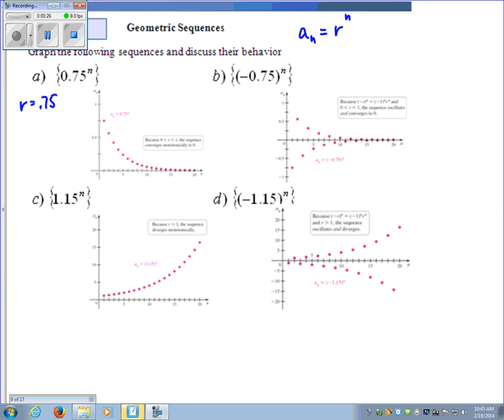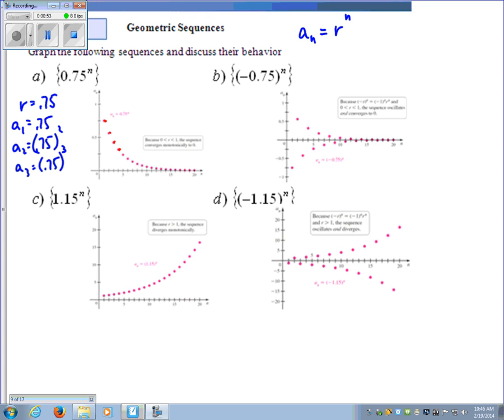Now, what's happening here? The a sub 1, if you put in n equal 1, it'll be 0.75. A sub 2 is 0.75 squared. A sub 3 is 0.75 cubed. If you look at those values and just continue multiplying by 0.75 to get the next term, what's happening with this graph is that it's getting closer and closer to 0.